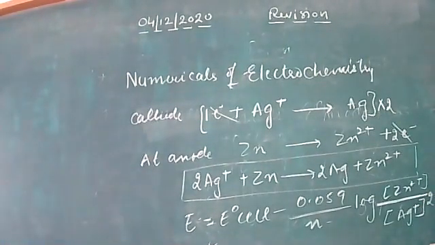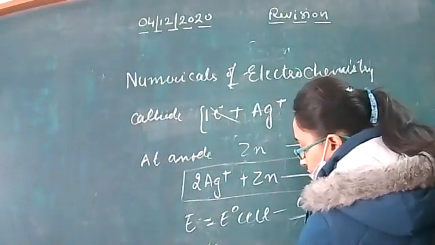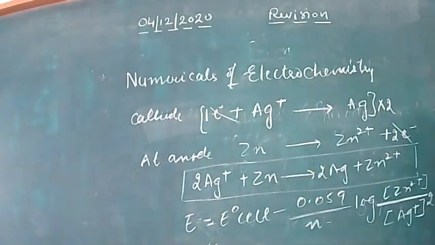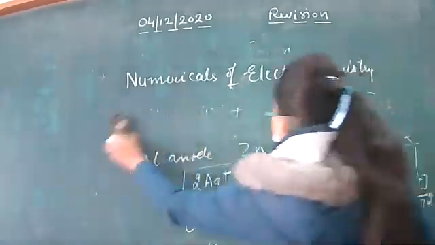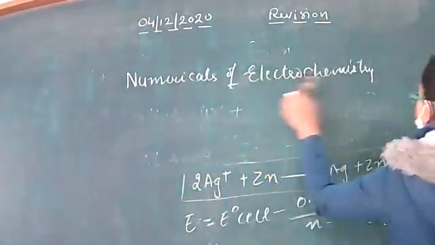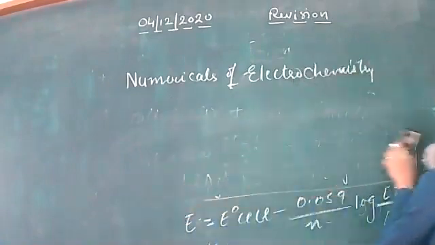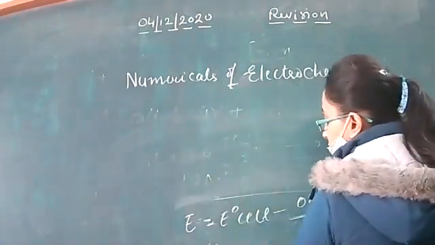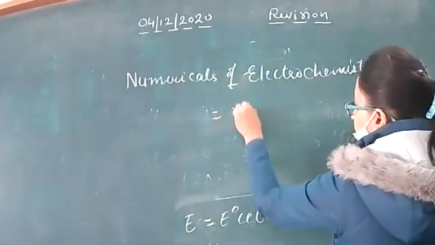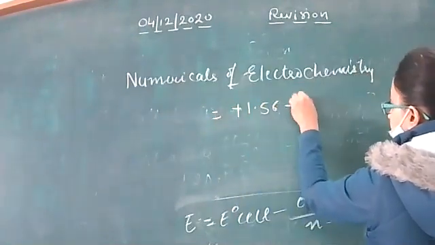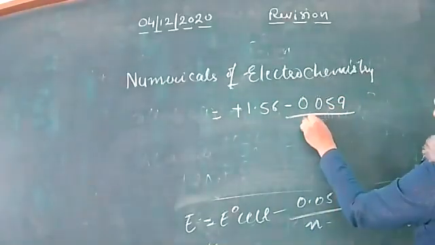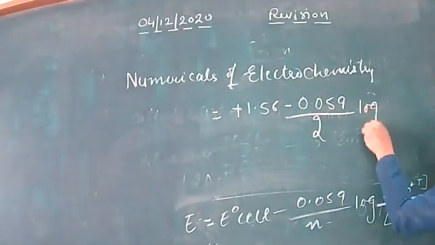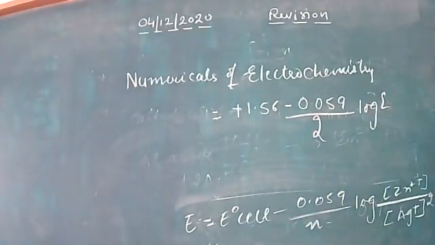Now you will put the value of E naught, which we have found, 1.56. It's not visible, I am writing it up now. Then 0.059 divided by n, meaning the number of electrons, so total there were 2, log. What is the concentration given for zinc?